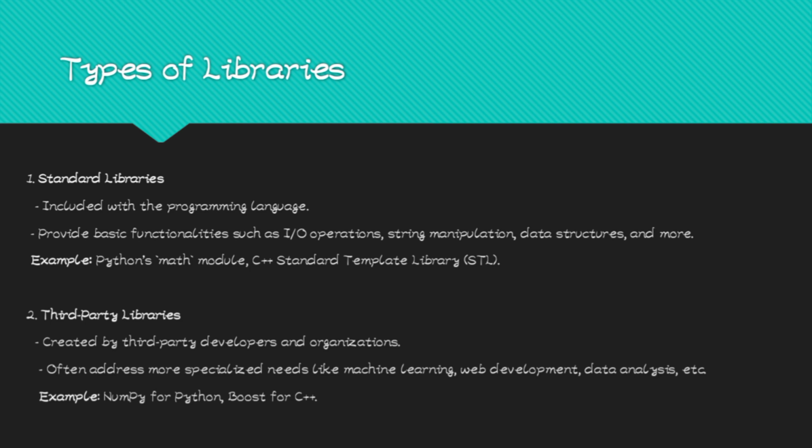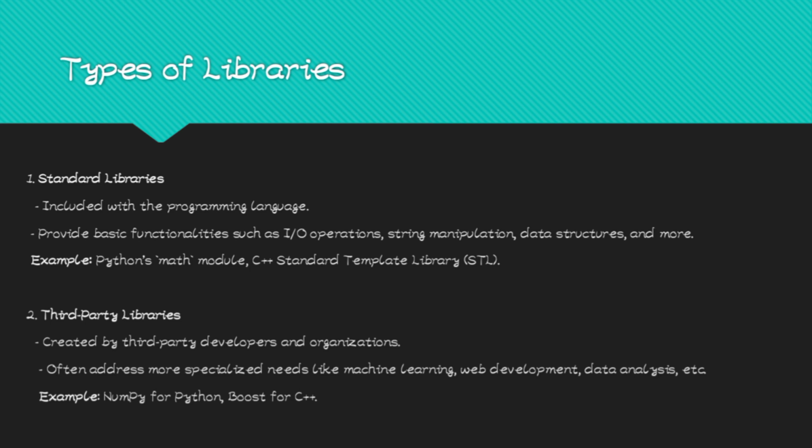Within that programming language, you may find some particular libraries which provide basic functionalities such as input-output operations, string manipulation, data structures, and more. For example, in the Python language, we have the math module. In C++, we have the Standard Template Library. So those are the standard libraries we have there.